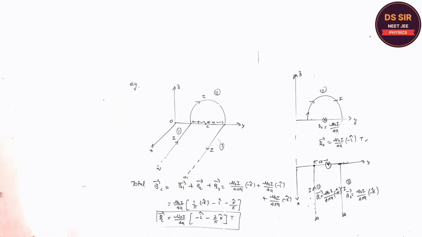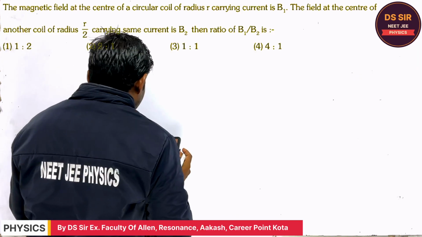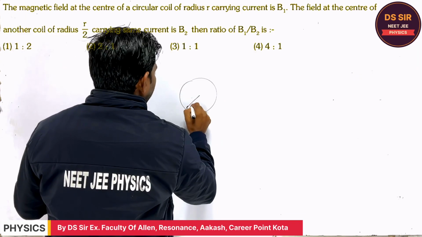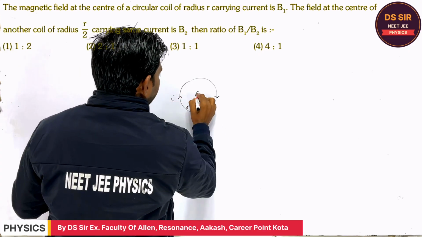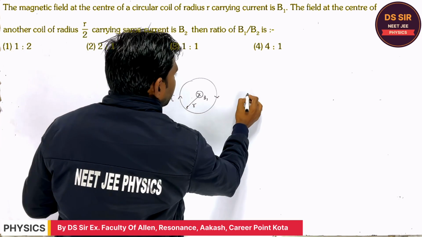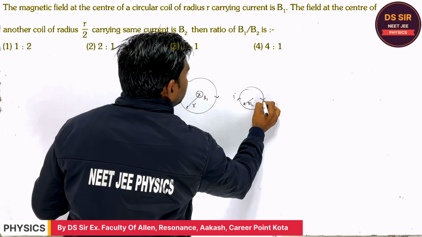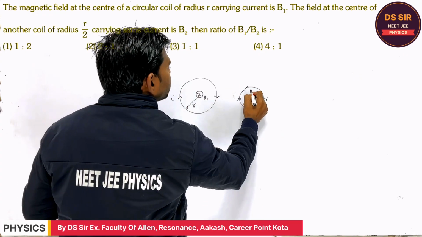Copy this. So read this question. In this question, the magnetic field at the center of a circular current carrying coil of radius R, right? Suppose the current is I, here the magnetic field is B1, and if you take another coil of radius R by 2 carrying the same current, the magnetic field into the board is B2.